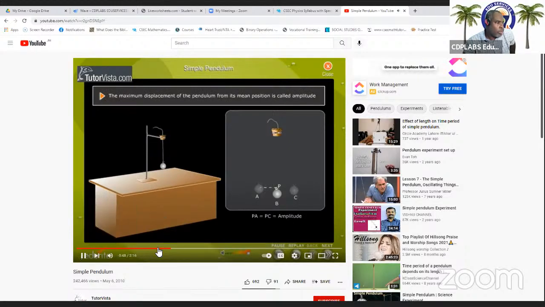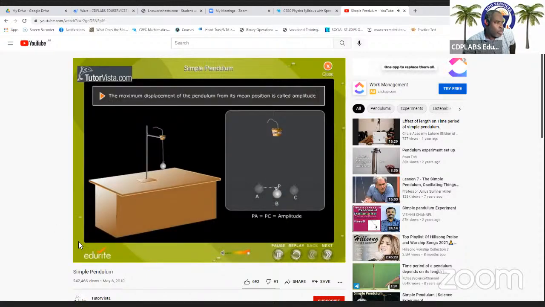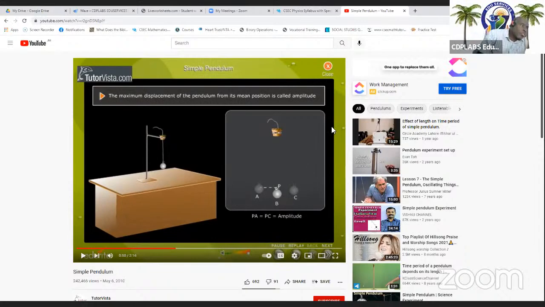The maximum displacement of the pendulum from its mean position is called amplitude. So you have to make note of these terminologies, very important. Make note of that, please.